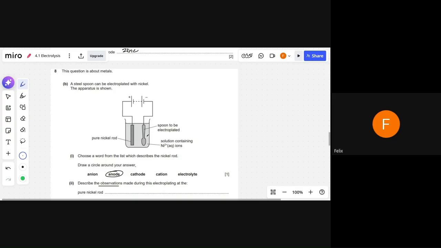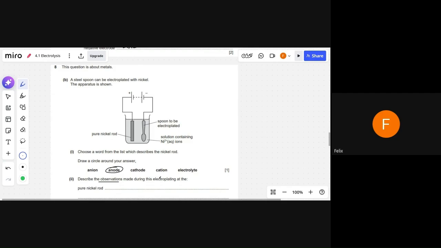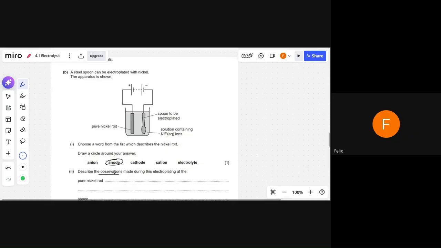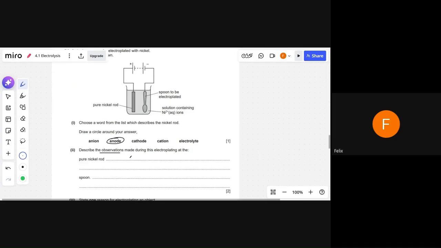So now what will happen? Describe the observations made during this electroplating at the pure nickel rod. We say that it will get smaller in size, and this question has 2 marks. So the pure nickel rod gets smaller.